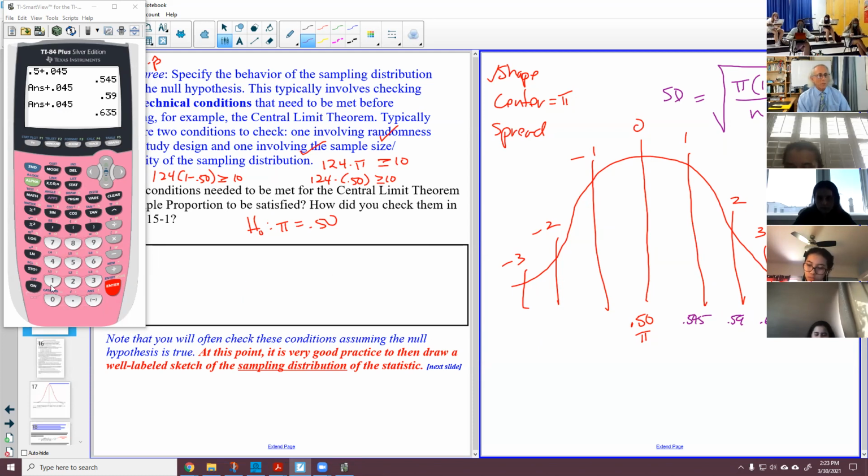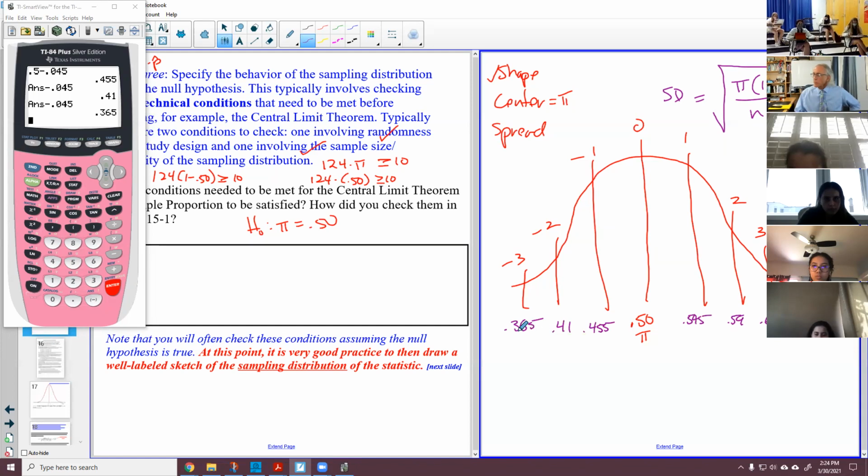Then I'm going to go the other way, 0.5 minus 0.045 three times, and I get 0.455, 0.41, and 0.365. So I've got my diagram here.